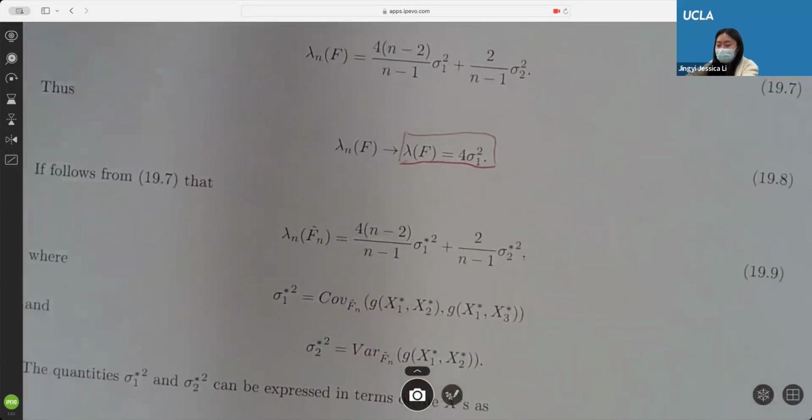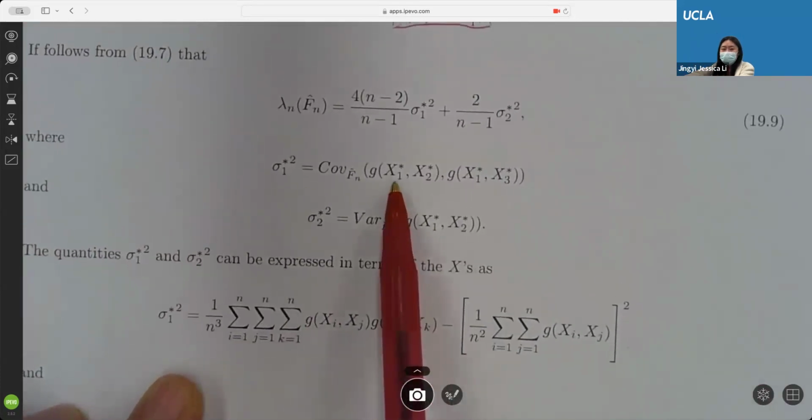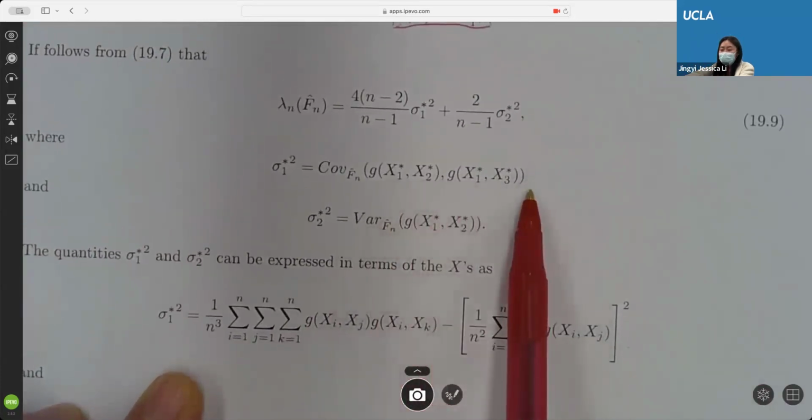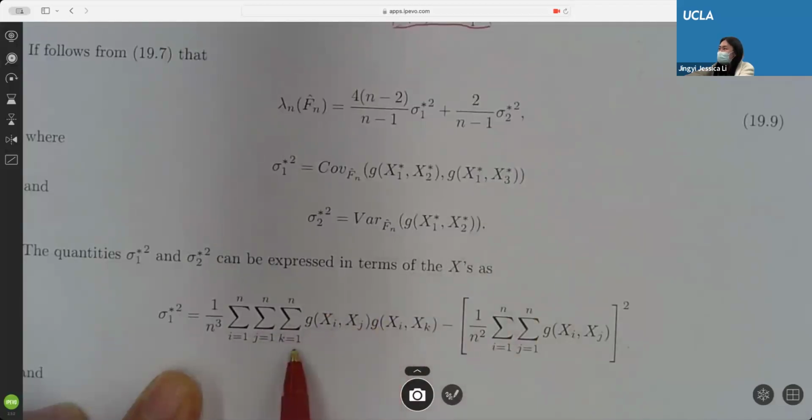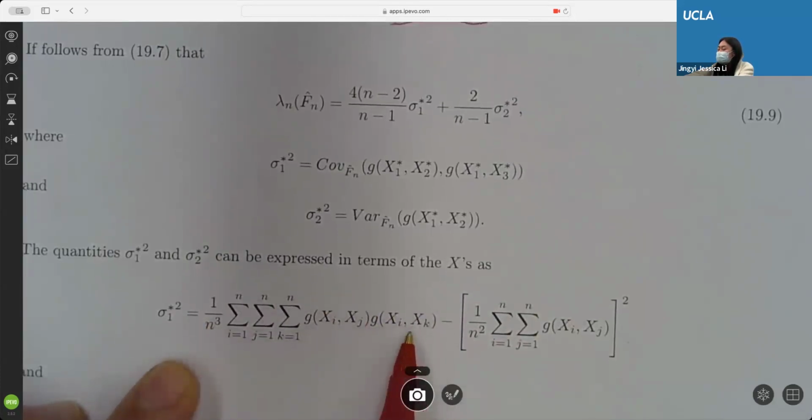As here, by averaging, we need to enumerate all possibilities of x1 star, x2 star, x3 star. They can be sampled with replacement from my x1 to xn. So each can be x1 to xn, right? I go through all of them, and there are n cubed triplets. I take the average of that, and this is the average of the product.